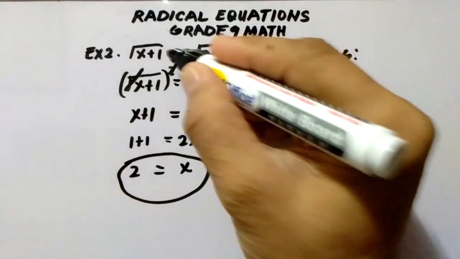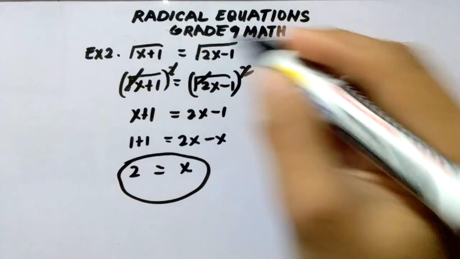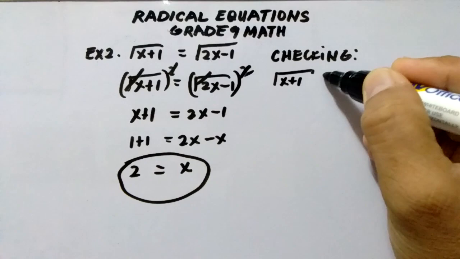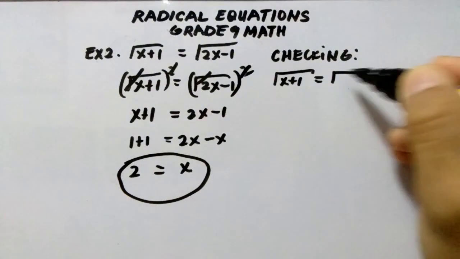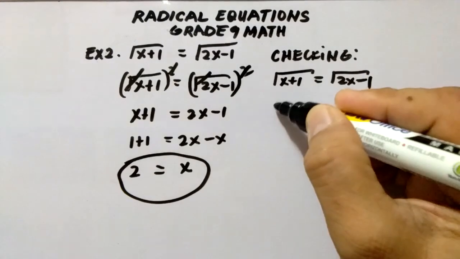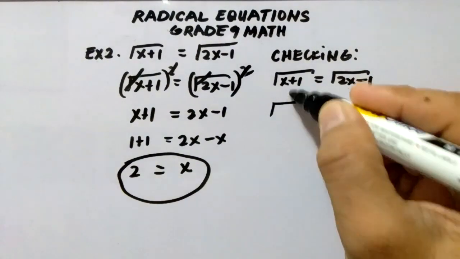Then, copy po natin yung original radical equation. So we have square root of x plus 1 is equals to square root of 2x minus 1. Then, substitute po natin yung value ng x. X is equals to 2 dito po.